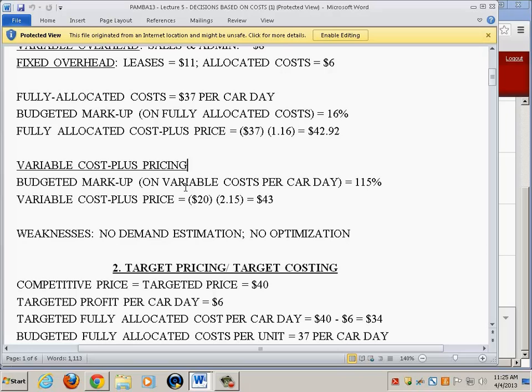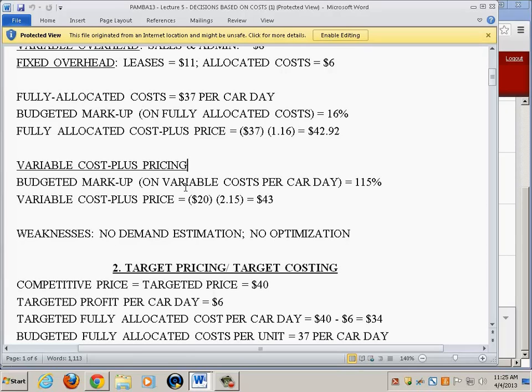We did a target of 16%. We can sell units. We can charge $43, and we can sell car days. But the critical question is how many car days we can sell, right?